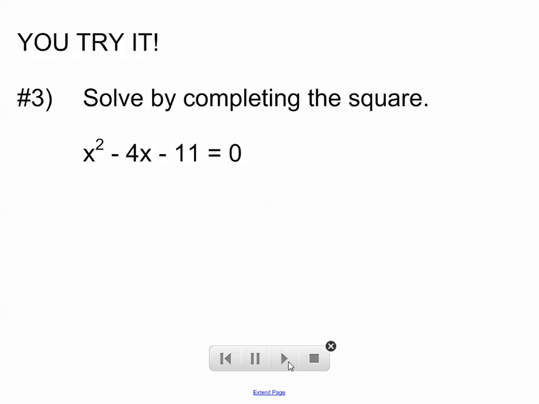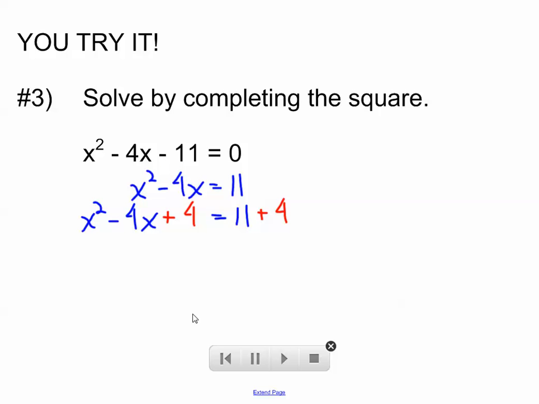Okay, let's solve this one by completing the square. Not going to be so bad, I don't think, this time. Add 11 to both sides. Half of 4 is 2, and 2 squared is 4, so let's add 4 to both sides. That is a perfect square trinomial, so let's write it as a perfect square.